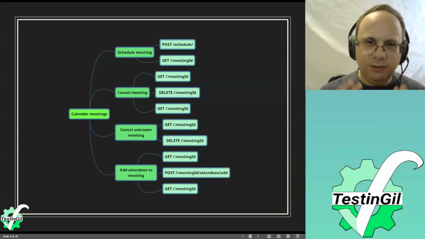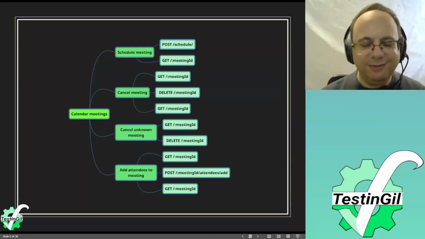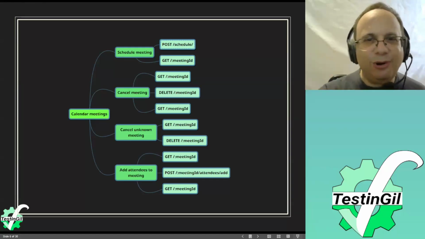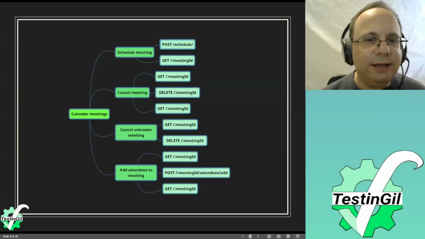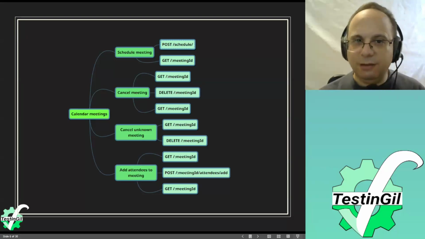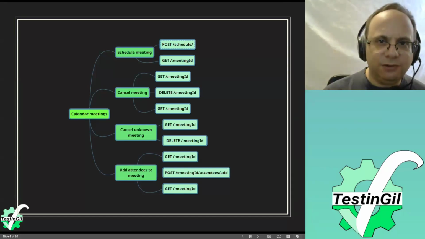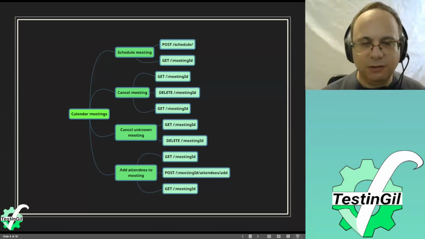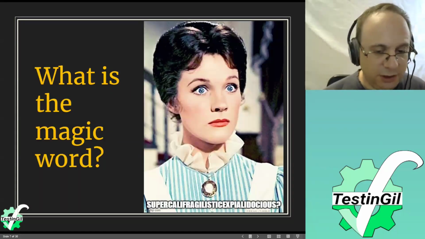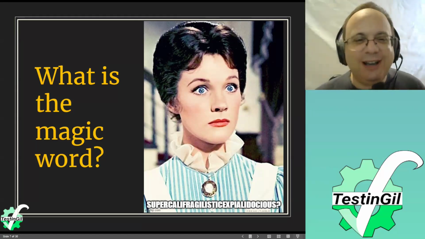So the deal is, how do we expand our minds to enter more aspects? And the more we have, we can think about what may be interesting, not just for the user, but also for other stakeholders. So if you're not familiar with supercalifragilistic, it's not the only magic word out there.